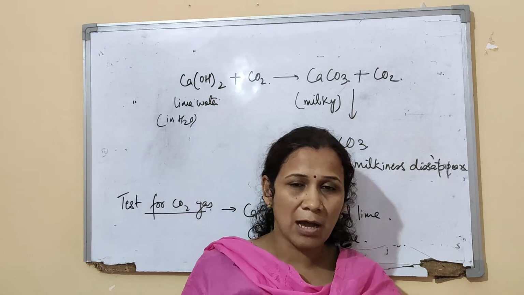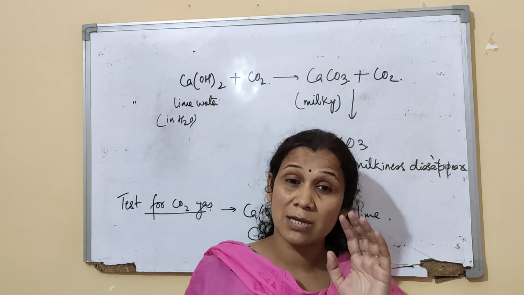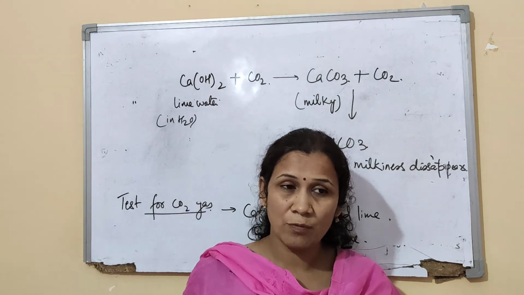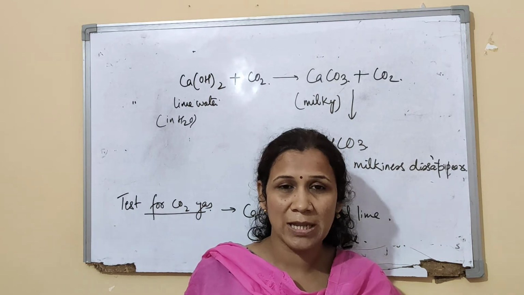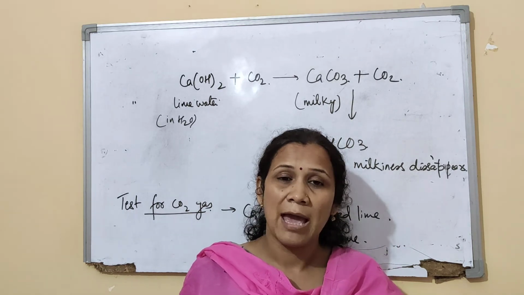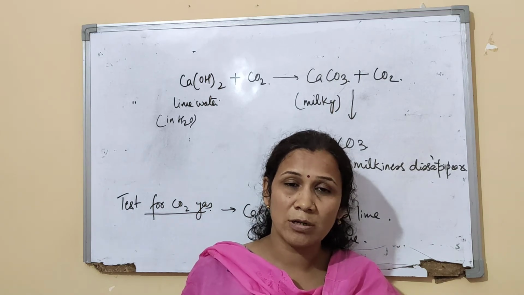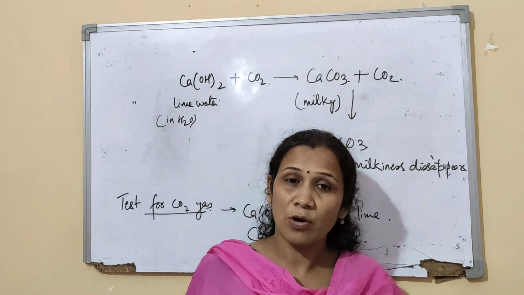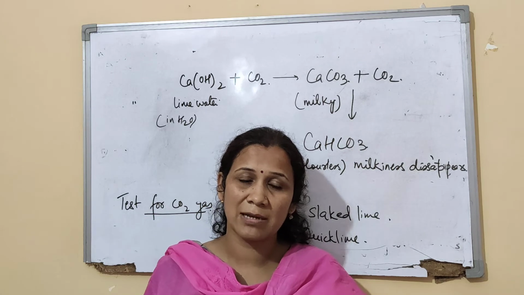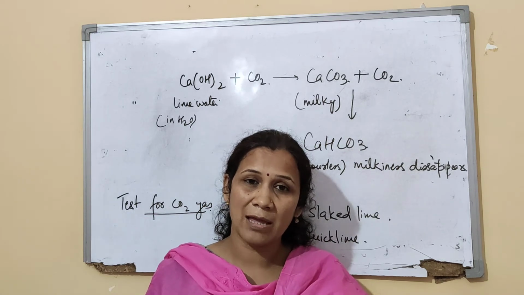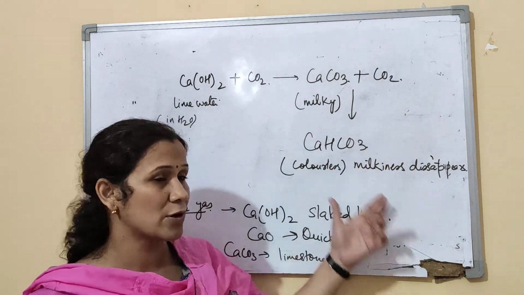Anywhere you find carbon dioxide gas coming and you want to make sure that it is carbon dioxide only, what can we do? We can pass it through suspension of slaked lime, which is also known as lime water. As you pass CO2, it will turn lime water milky for some time. Why only some time? If you keep on passing the carbon dioxide again and again, the lime water again becomes colorless because of the formation of calcium hydrogen carbonate.